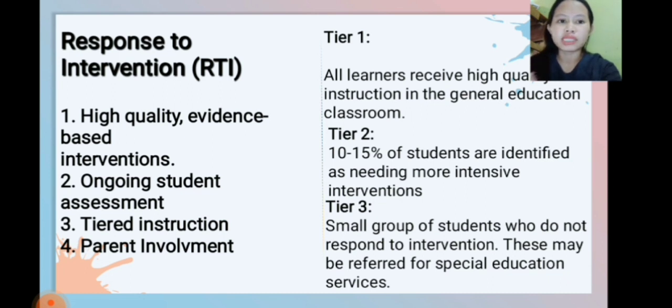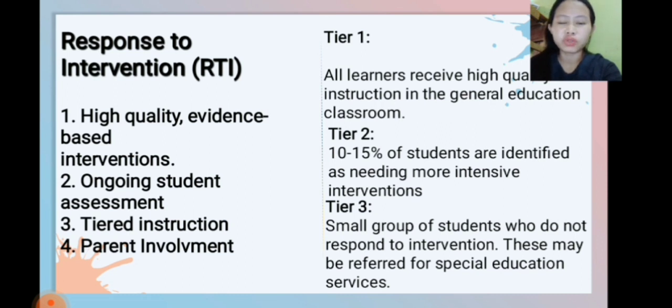The goal of RTI differs depending on the age of the student. For young ages, like kindergarten to grade 3, the goal of RTI is prevention, meaning it is used to prevent reading difficulty.